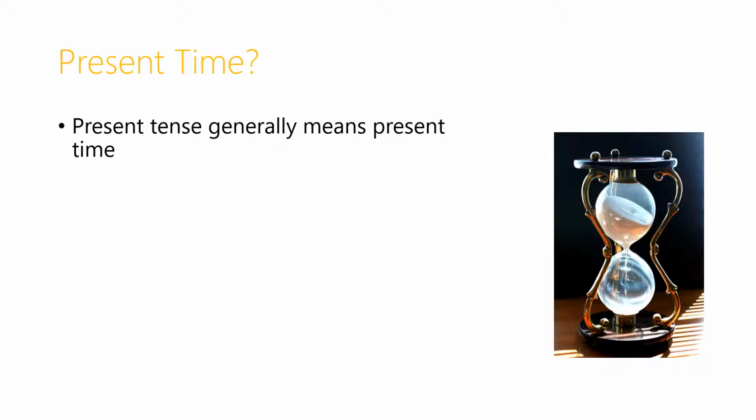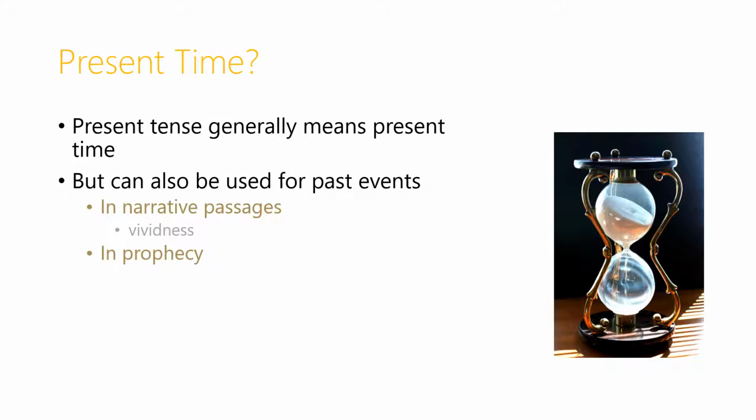So does the present tense verb really indicate present time? Well, generally, yes. The present tense means present time. But present tense verbs can also be used for past events, especially in narrative passages when you're telling a story, and this often contributes to vividness.